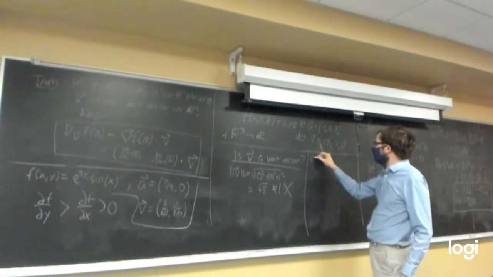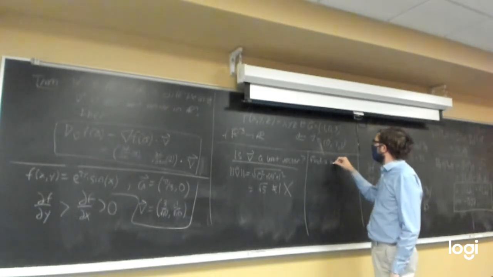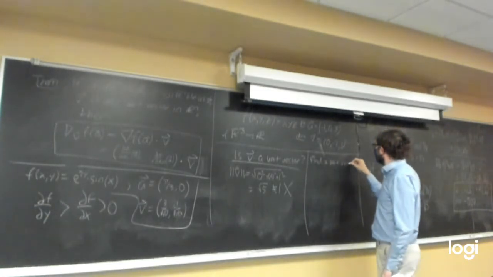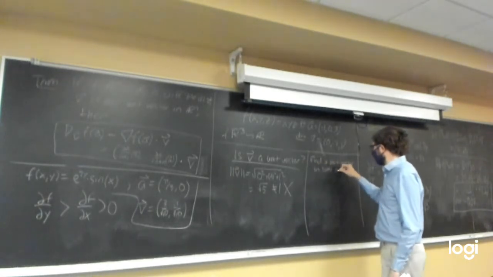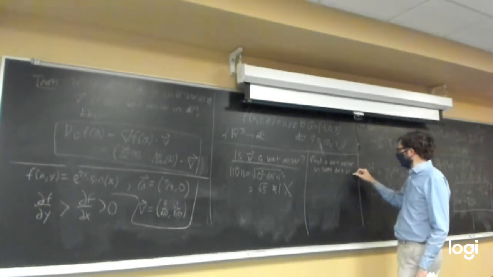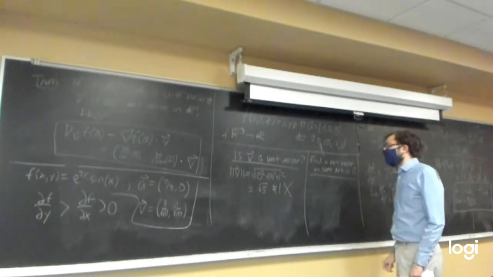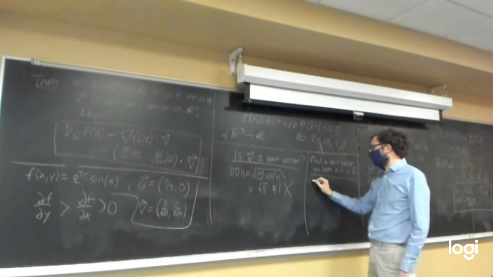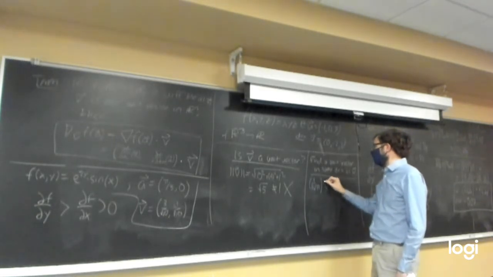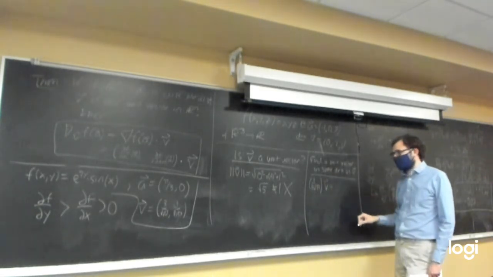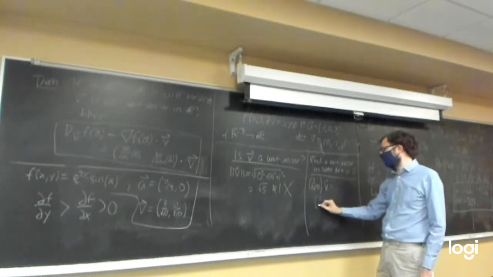So now we're going to find a unit vector in the same direction as v, which if we do that, we'll take 1 over the magnitude of v times the vector v, which in this case is just going to be 1 over square root of 5.